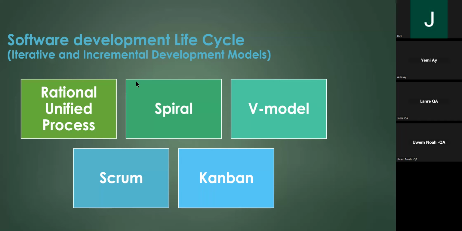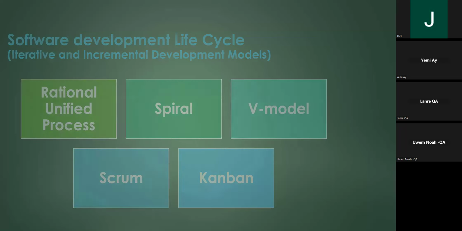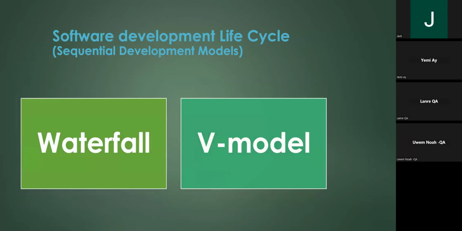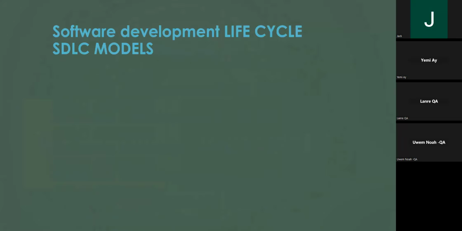These ones are iterative. Incremental, it increases. You will understand further when I start explaining. So the next one is waterfall and V model. So let's go into it.